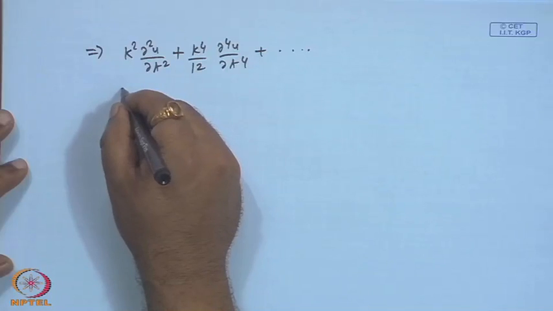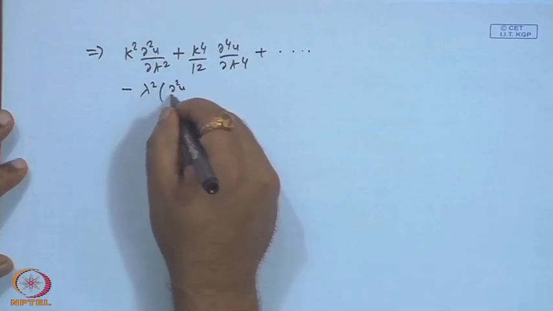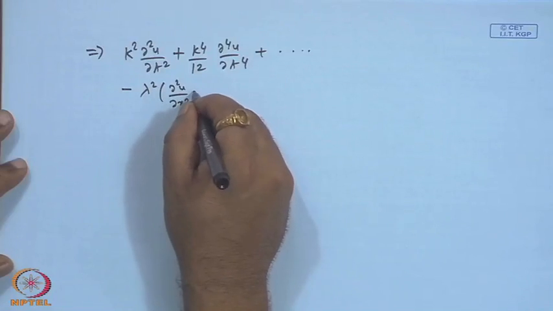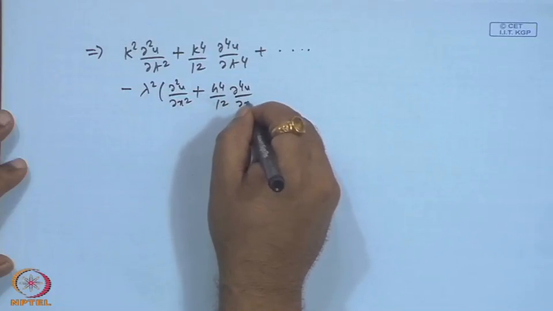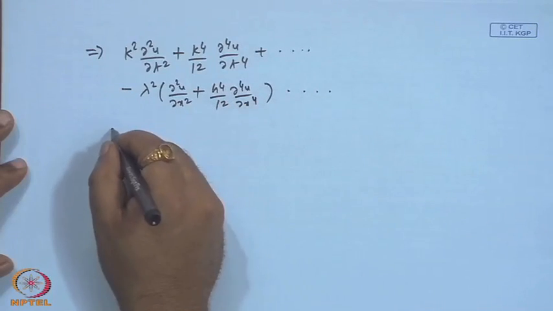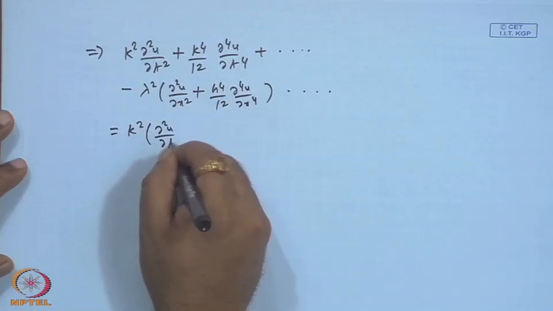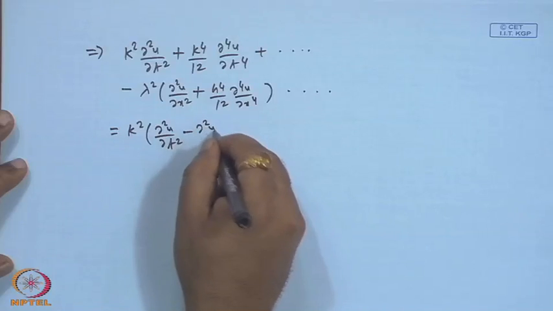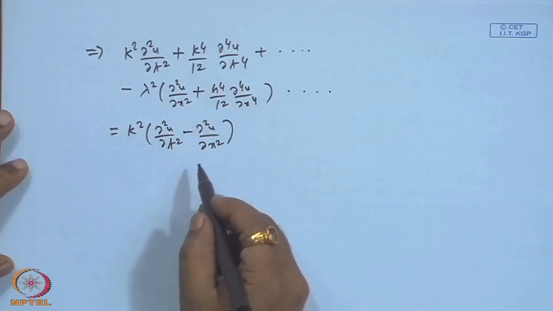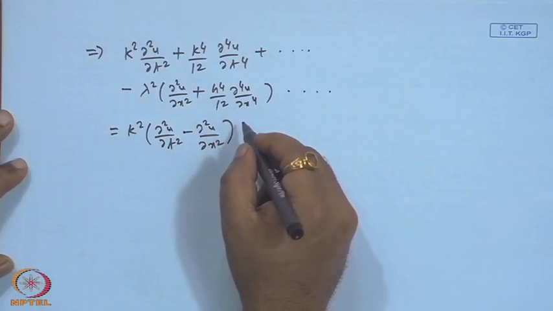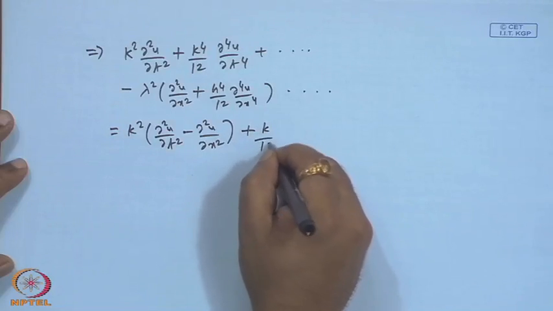this, minus lambda square, etc. This can be written as k square plus k by 12.